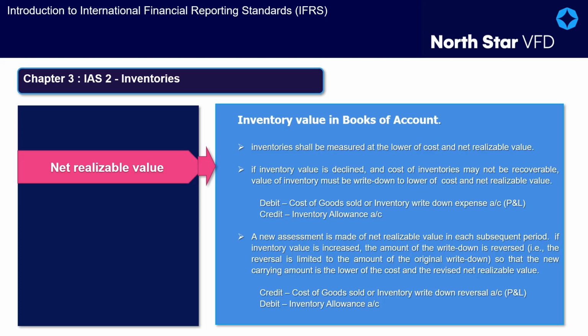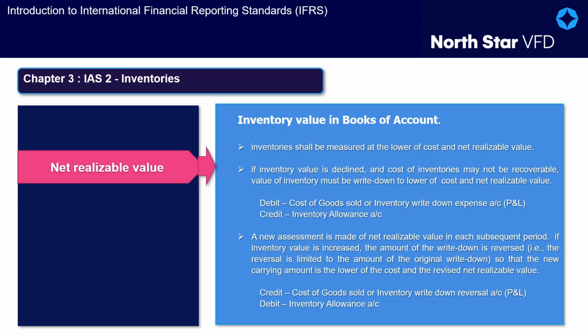Reversal of inventory write-down. A new assessment is made of net realizable value in each subsequent period. When the circumstances that previously caused inventories to be written down below cost no longer exist, or when there is clear evidence of an increase in net realizable value because of changed economic circumstances, the amount of the write-down is reversed.